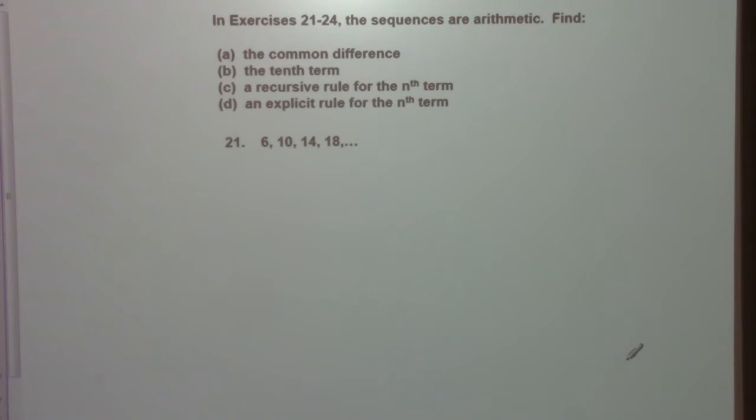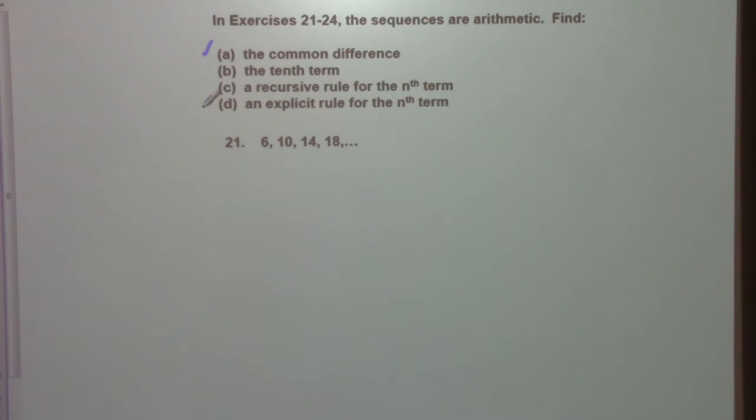Okay, so now exercises 21 through 24, the sequences are arithmetic. Find the common difference, the 10th term, a recursive rule for the nth term, an explicit rule for the nth term. And this first one here, we're going to go over part A first.